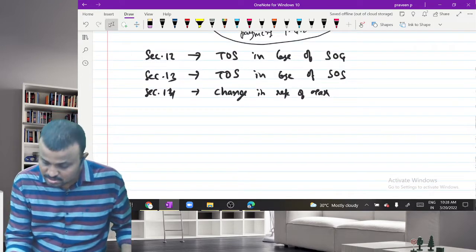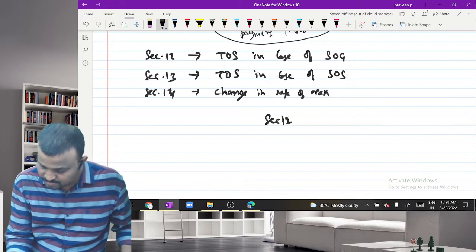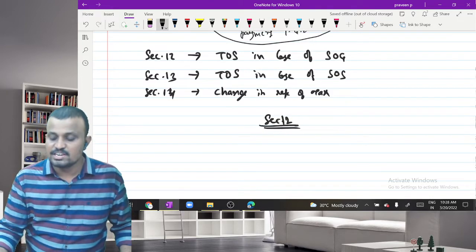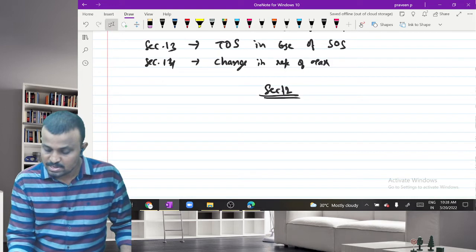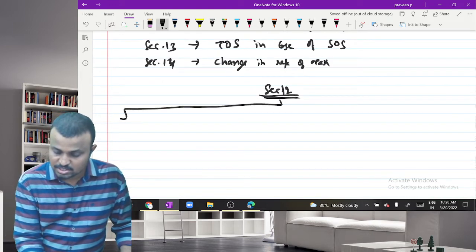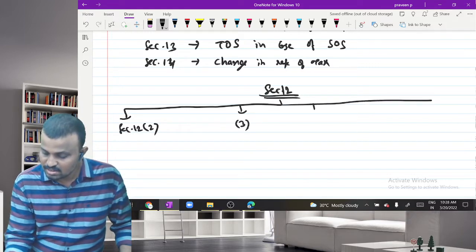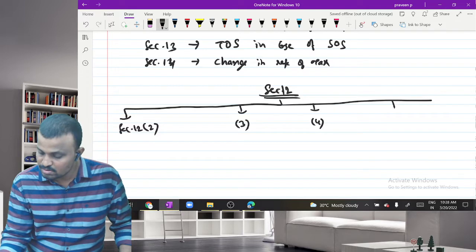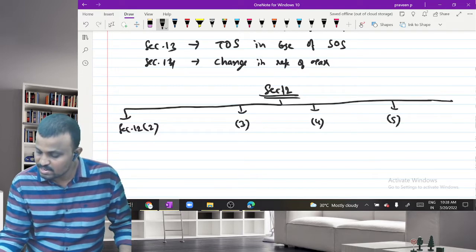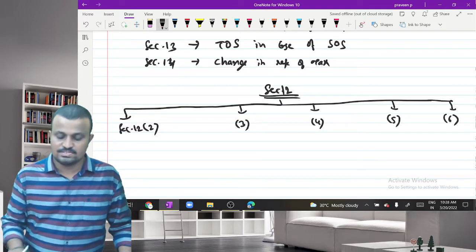Then coming to the first one, section 12. Section 12 is relating to time of supply in case of supply of goods. In this section we have 12.2, 12.3, 12.4, 12.5 and 12.6.